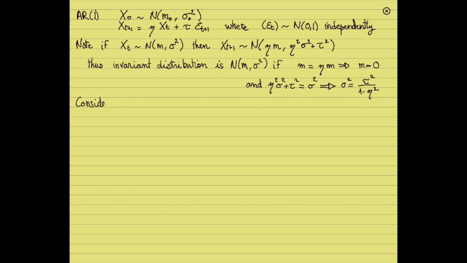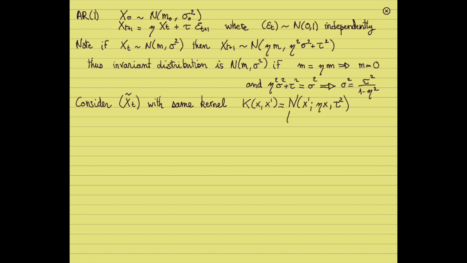So the geometric ergodicity question is how quickly does the chain converge to this stable invariant distribution? So the coupling approach for this question consists in considering X tilde_t, which is another Markov chain with the same Markov kernel. So here actually the Markov kernel can be written explicitly.